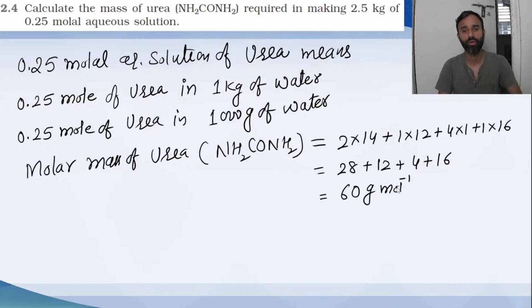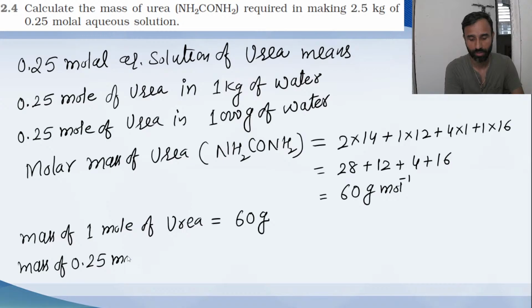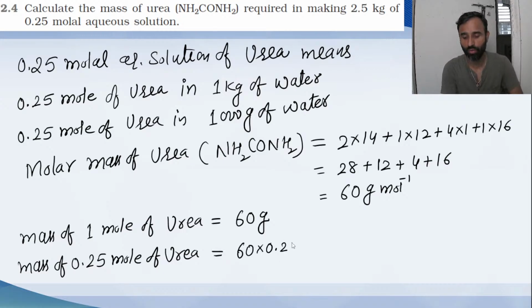Mass of 1 mole of urea is equal to 60 gram. So mass of 0.25 mole of urea is equal to 60 into 0.25. That means 60 over 4, because 0.25 is 25 over 100. So it is 1/4. So 15 gram.